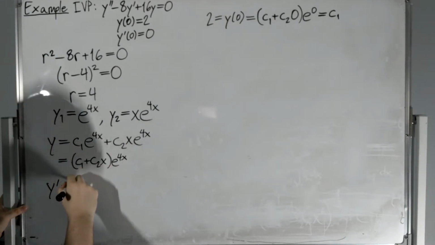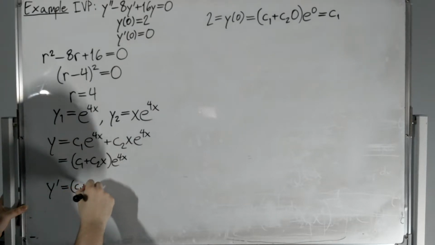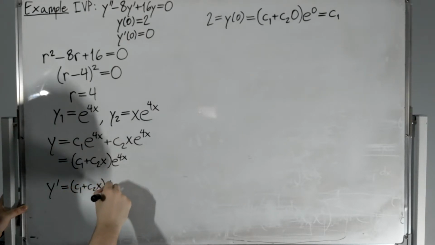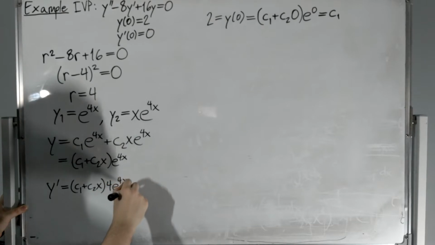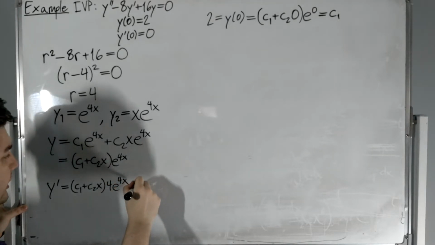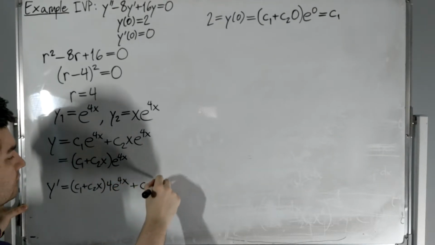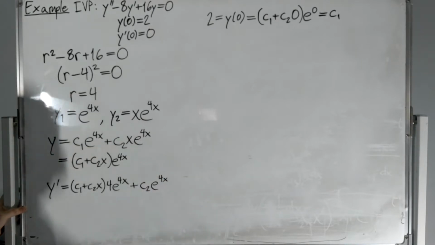So first times the derivative of the second, plus the second times the derivative of the first. Looks like that.